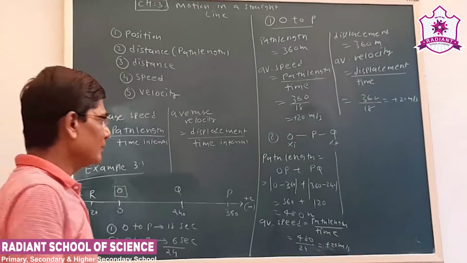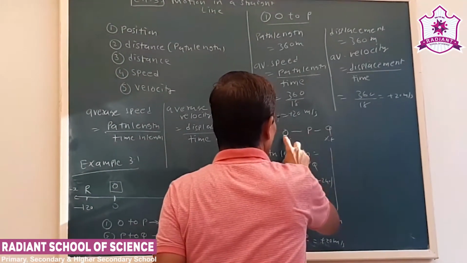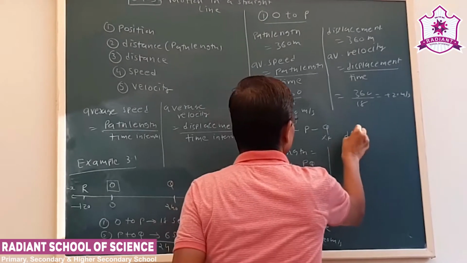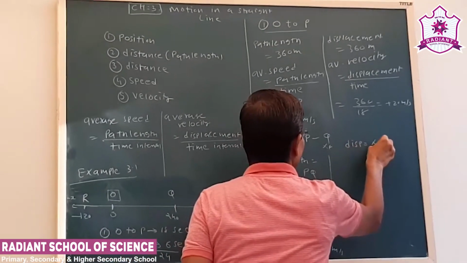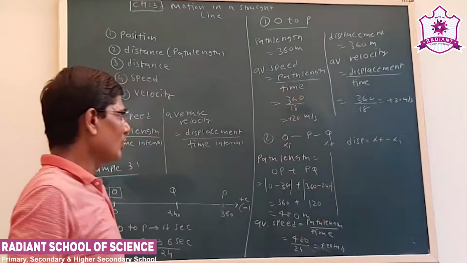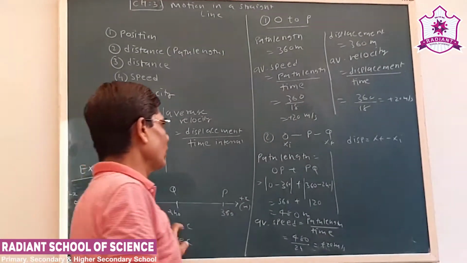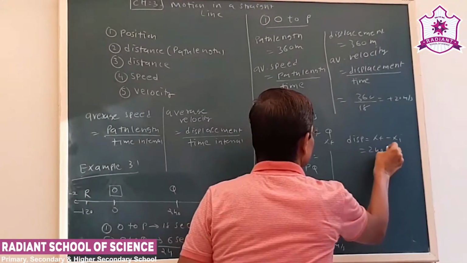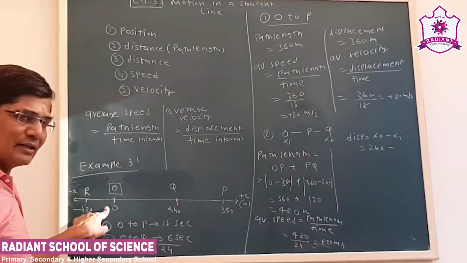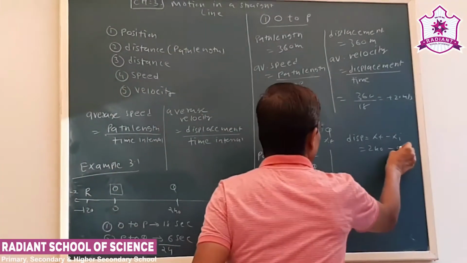Now see the displacement going from O on path OPQ will be XF minus XI. See what is the number corresponding to Q, that is 240, and number corresponding to O, that is initial position, is 0.